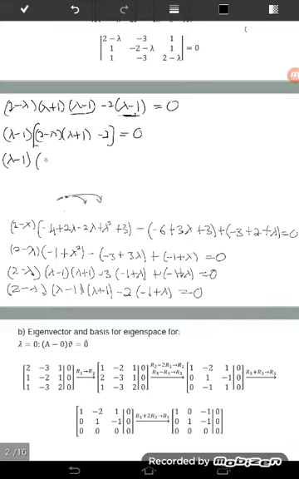Okay, so you need to expand 2 lambda plus 2, negative lambda times lambda, negative lambda square. Okay, then negative lambda times positive 1, so negative lambda and minus by 2, which is equal to 0.